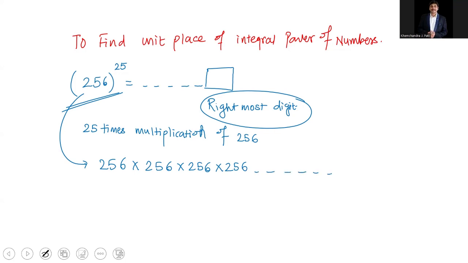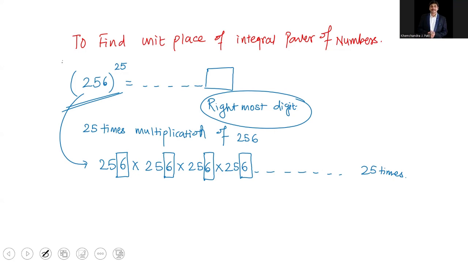In this way, I will get 256 for 25 times. Now, if I want to find the unit place of this product, I will take the unit place of all the numbers, and how many sixes will I get in that fashion? 25 times.